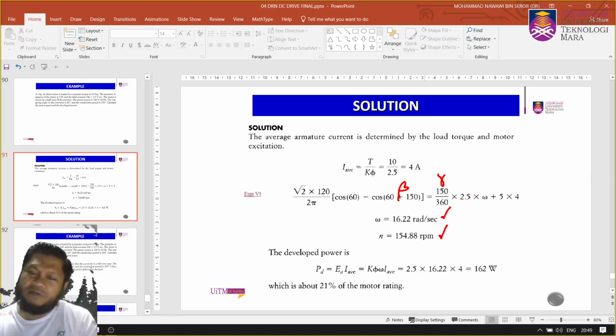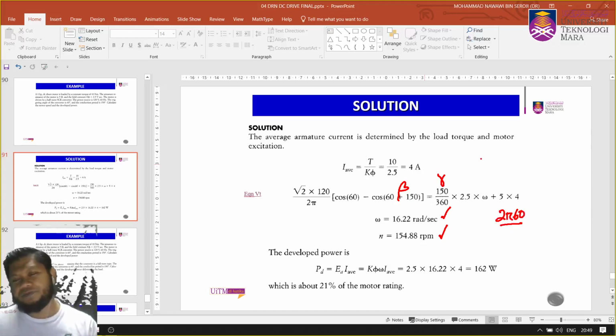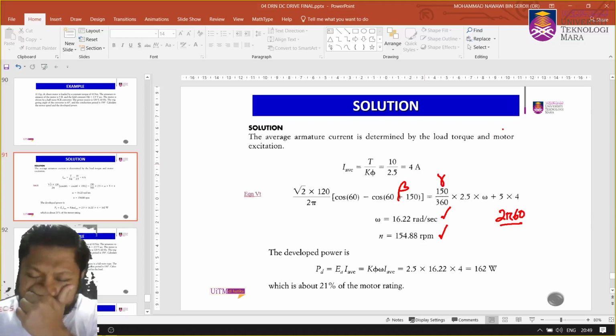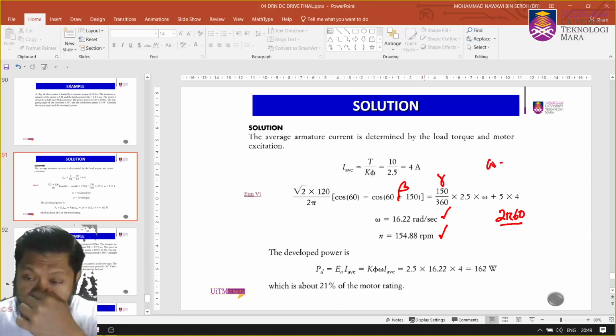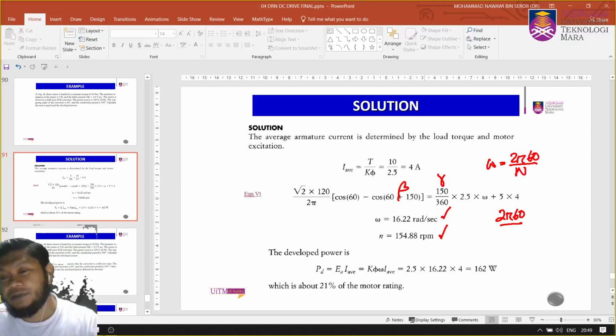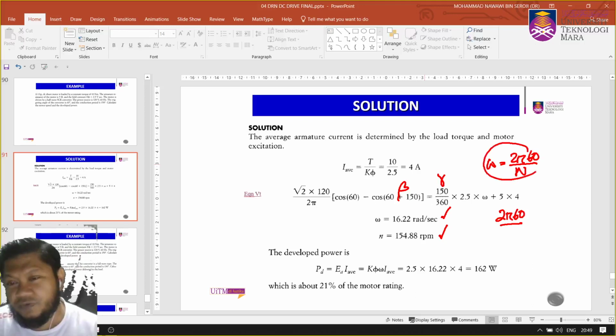So how to convert to n? I can't remember the equation for converting from radian per second to RPM.